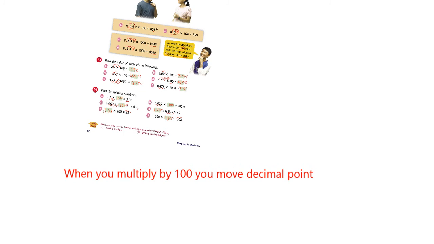When you multiply by 100, you move the decimal point 2 times. When you multiply by 1000, you move the decimal point 3 times. Okay, I'm going to stop here and let's continue in class. We will discuss more on this in class.